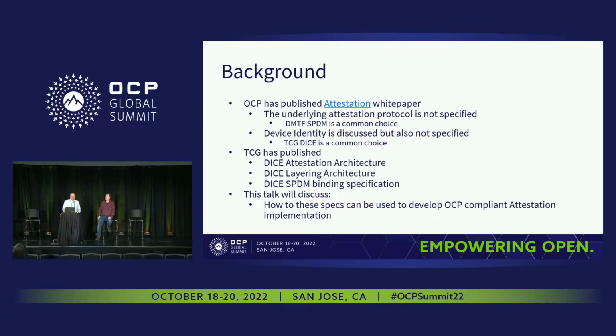So if you look at TCG, there's the attestation architecture, which was published a little over a year ago, or actually 2 years ago now. There's a layering architecture, which is how you combine these together. And then there's a new spec that Brett is actually one of the authors of, which is the DICE SPDM binding spec. What this spec does is figure out how I take pieces of DICE and map them into SPDM.